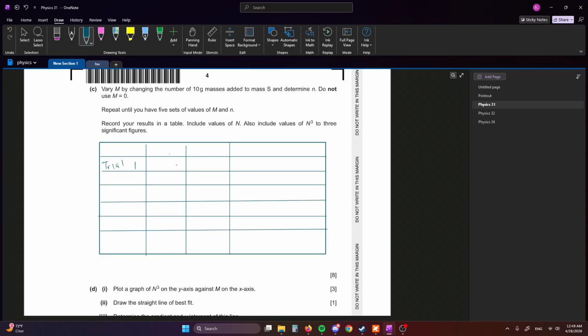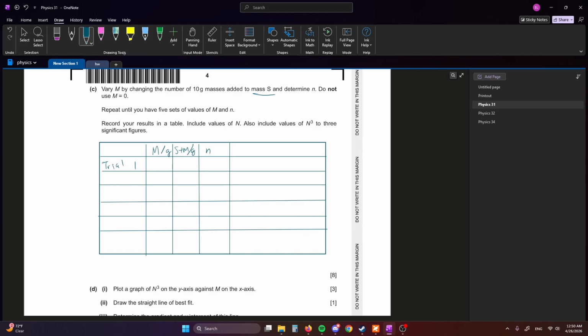So we want m, right? That's the mass added to S. So we can write grams here. And because we're adding to S, you can add an extra data value, but this isn't really necessary, I feel like. And determine n. So n is going to be your recorded value, right?